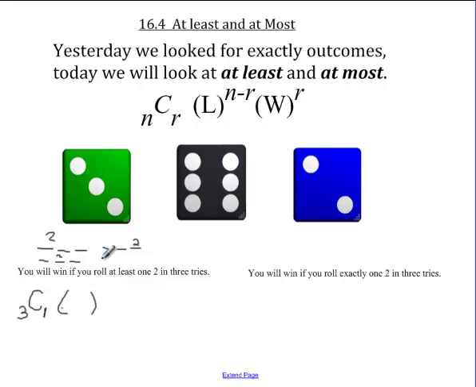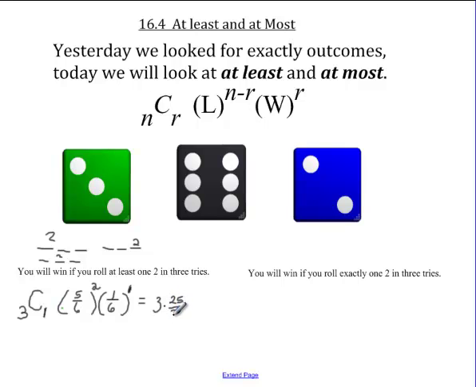My probability of not getting a 2 is 5 over 6. My probability of getting a 2 is 1 over 6. I want my 2 to show up once, and I want my other 2 rolls not to be. Figure this all out. Well, 3C1 is 3.